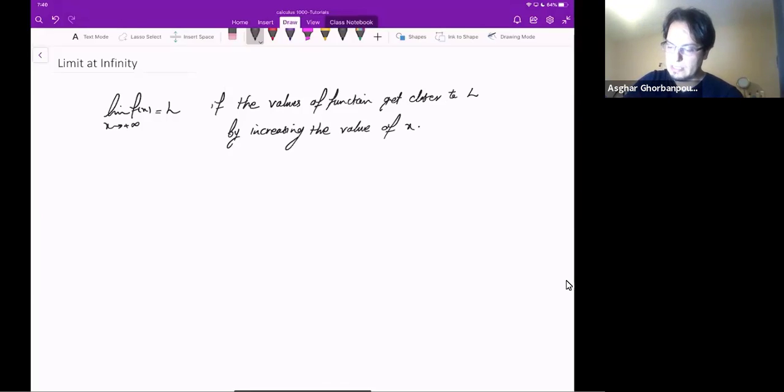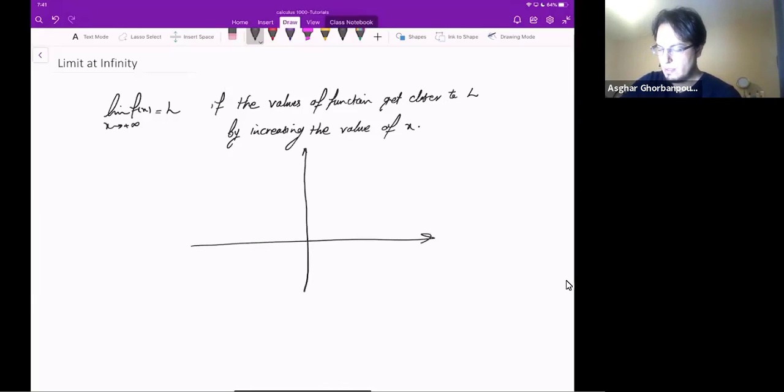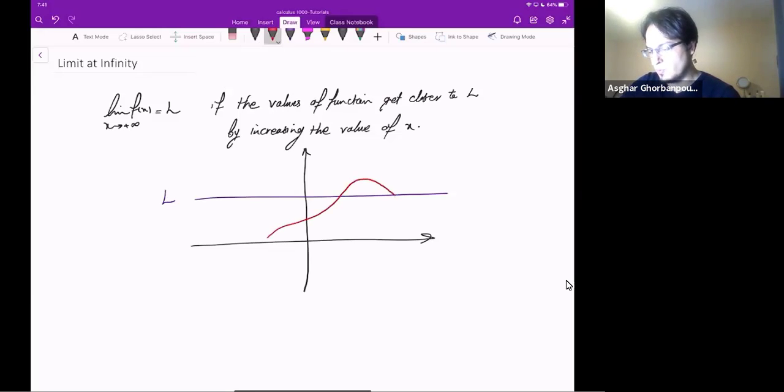In other words, in the graph of the function, this is L, and as the value of x increases, it can take different forms, but it gets closer and closer to L.